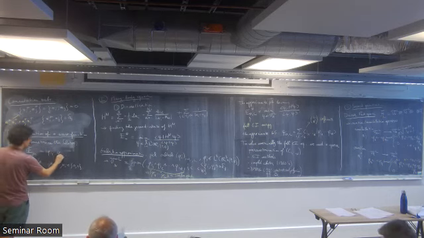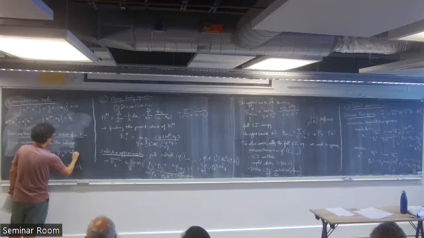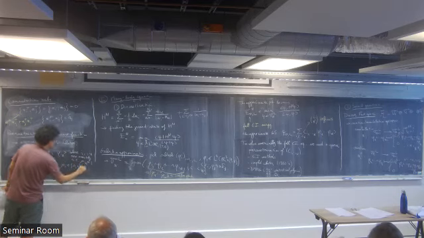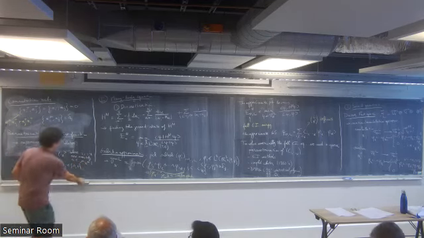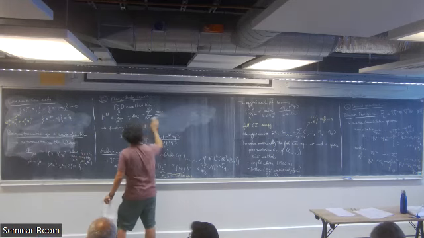So i_1 to i_k are exactly such that mu_{i_k} is equal to 1. I will just give an example to say what it means.